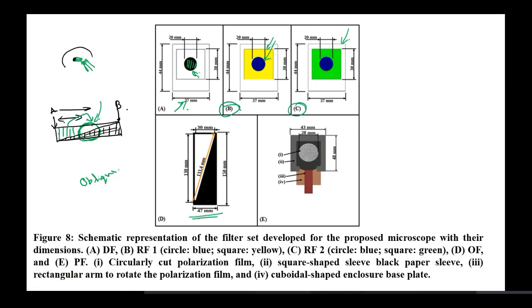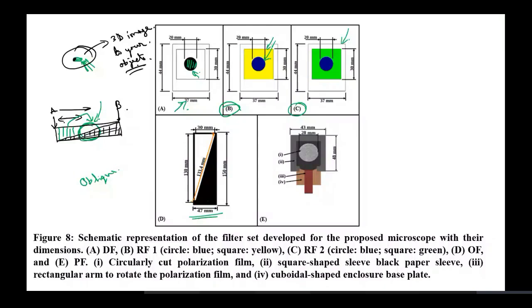So this oblique illumination system would give you a perception of a 3D image of your objects.